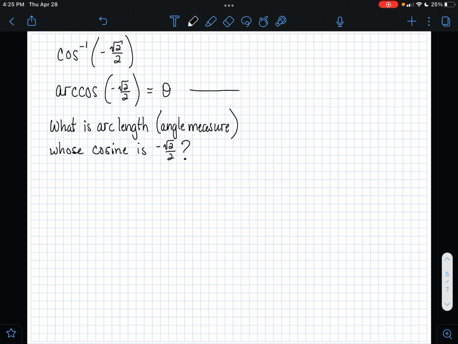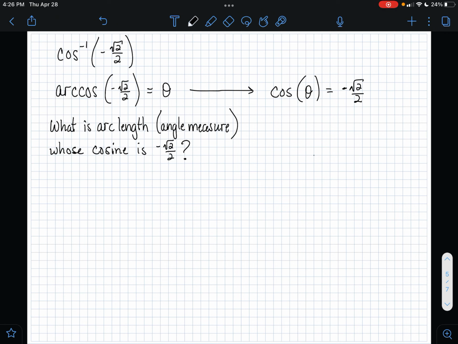So to rewrite this in terms of the original cosine, we could now say cosine of theta equals negative root 2 over 2. So again, we're asking what is the arc length, or the angle whose cosine is negative root 2 over 2.